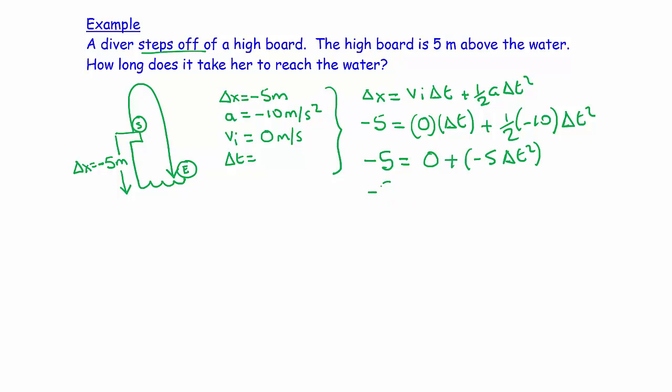So minus 5 over minus 5 equals delta t squared. So 1 is equal to delta t squared. So my time is equal to the square root of 1, which, it might sound crazy, might seem like plus or minus 1.